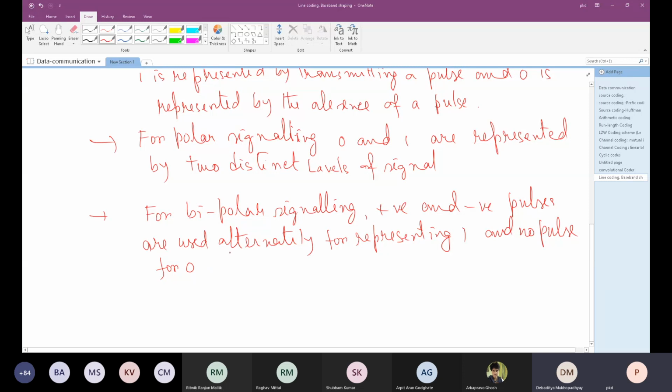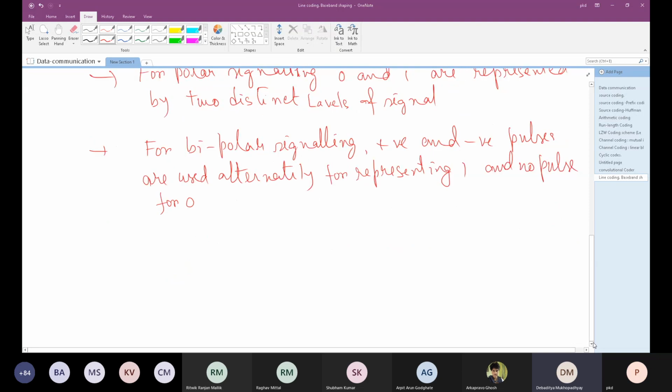If there is no transition between the levels, clock sensing becomes very difficult. If there are too many successive ones or too many successive zeros, the timing may not be synchronized properly due to irregular clock sensing. To combat that, bipolar signaling was used. Spectrum-wise also it has some advantage, which we shall see.